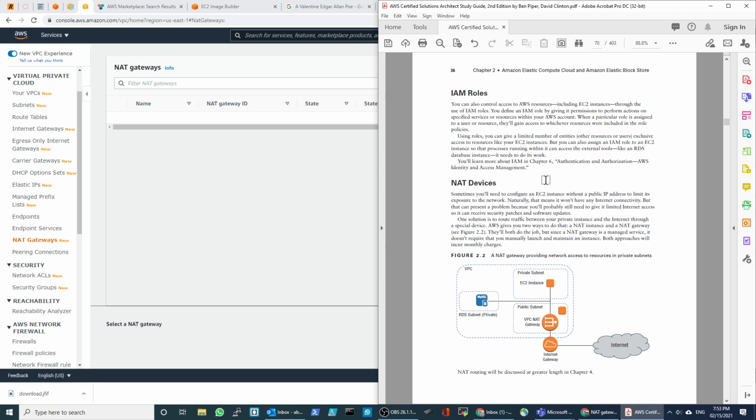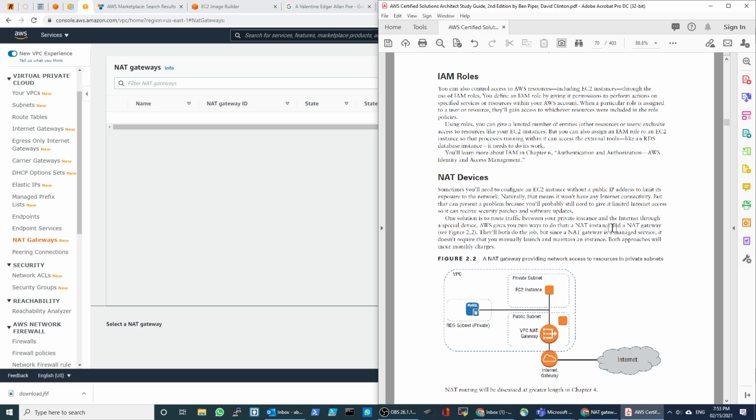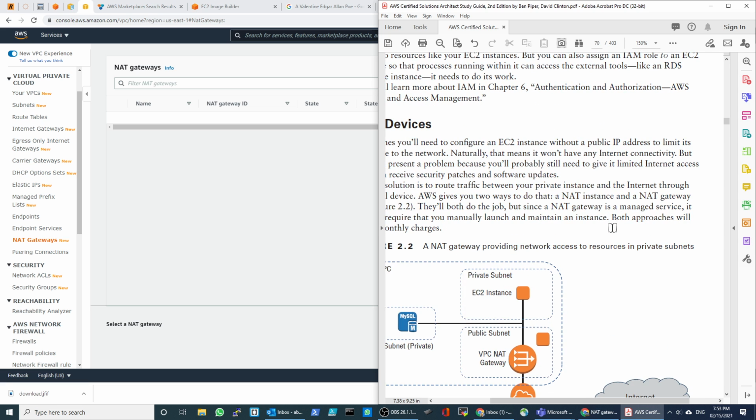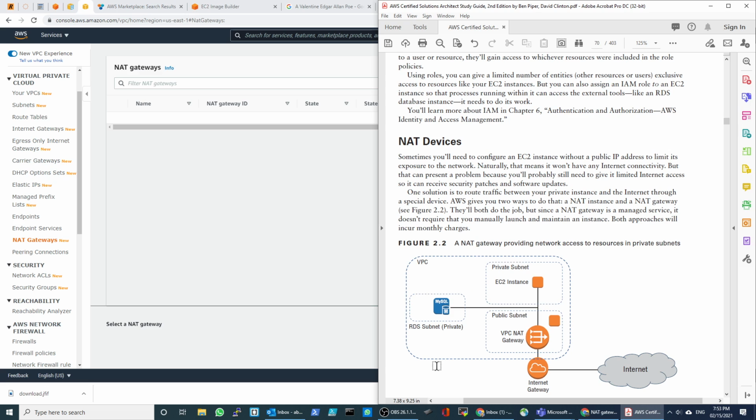I think we did it last time, Joe. Okay, this figure in here, it's clear in here. Let me show you. So as you see in here, this is the RDS subnet. This is in a private subnet. This is like a MySQL database, right? This is a public subnet, and this is a private subnet, right?